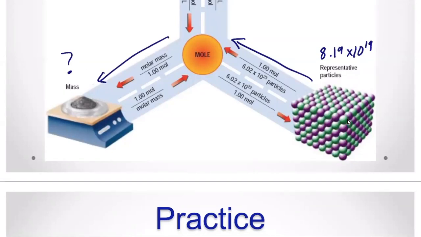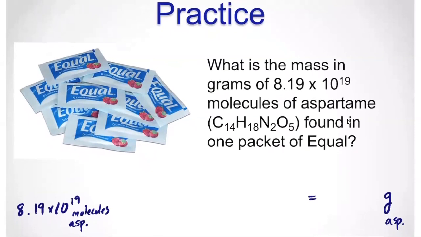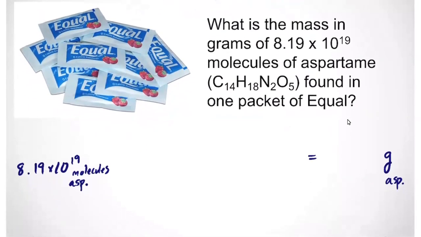And how am I going to do that? Well, first one is, use Avogadro's number to get to moles. And then I need the molar mass of aspartame. This is a big molecule. So you're going to have to add up 14 carbons, 18 hydrogens, 2 nitrogens, and 5 oxygens.